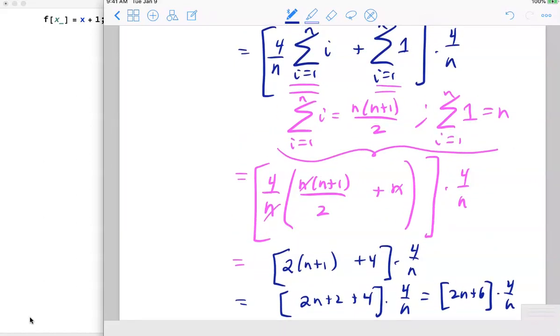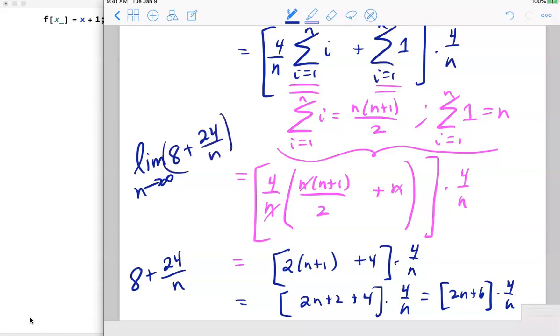Distribute the 4 over n, and you will get 8 plus 24 over n.